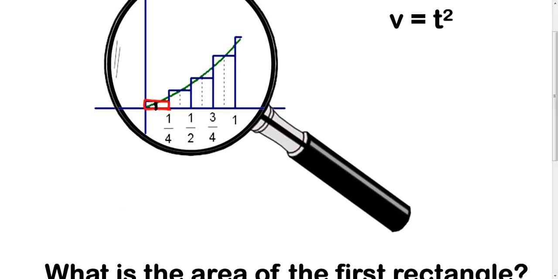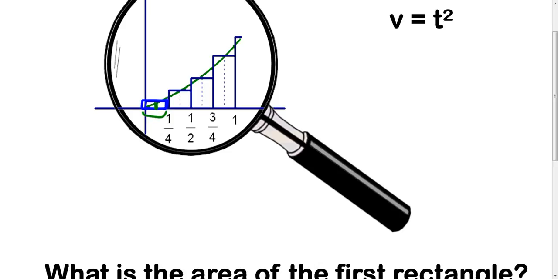This is what I mean by that. I'm looking at this rectangle right in here. The midpoint of that rectangle is halfway between 0 and 1/4, which is 1/8. So my x value is 1/8, and I want to figure out what my y value is.